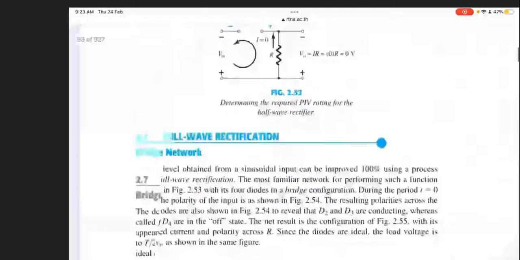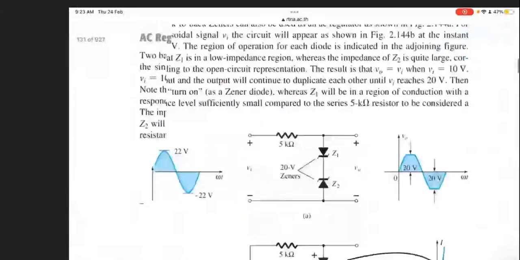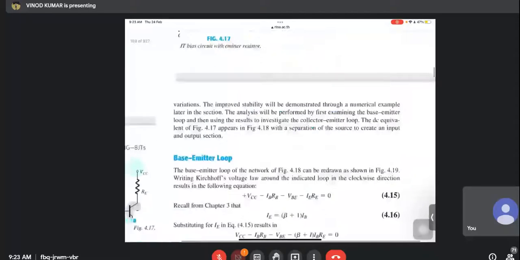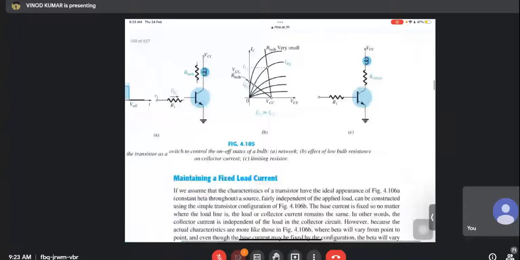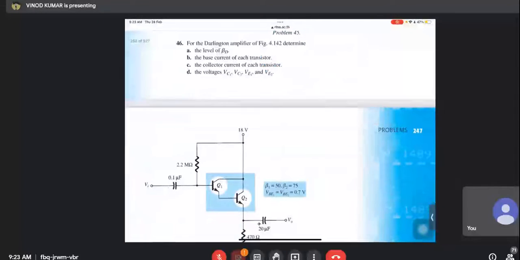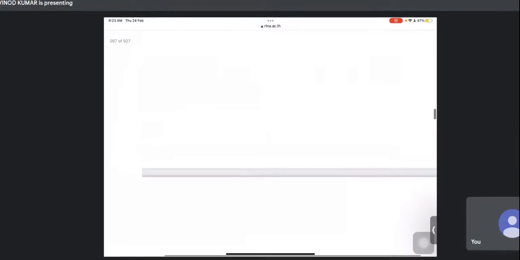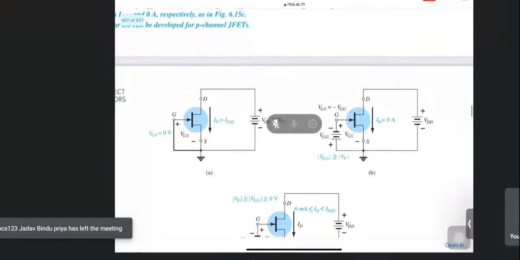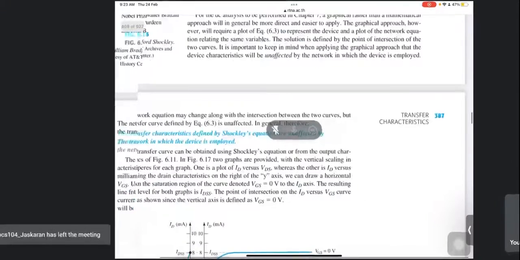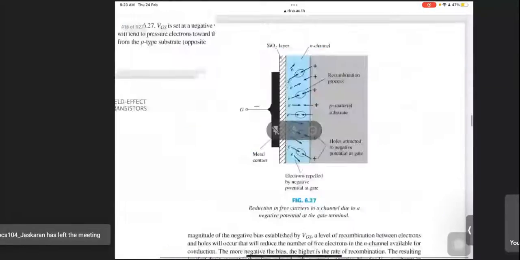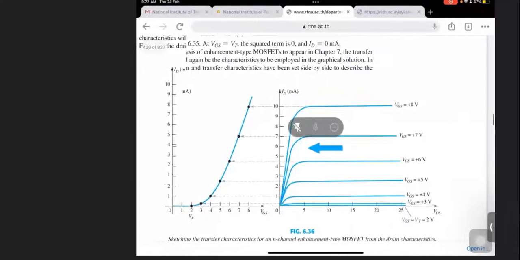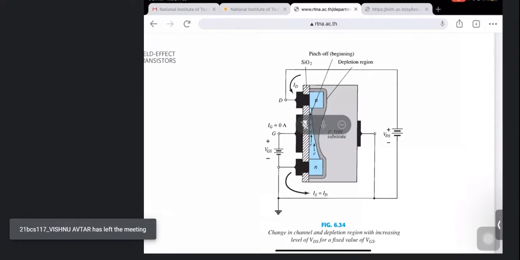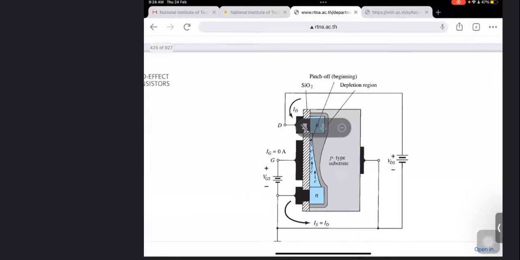So we'll talk about its working now. Yeah, this is what we are applying.